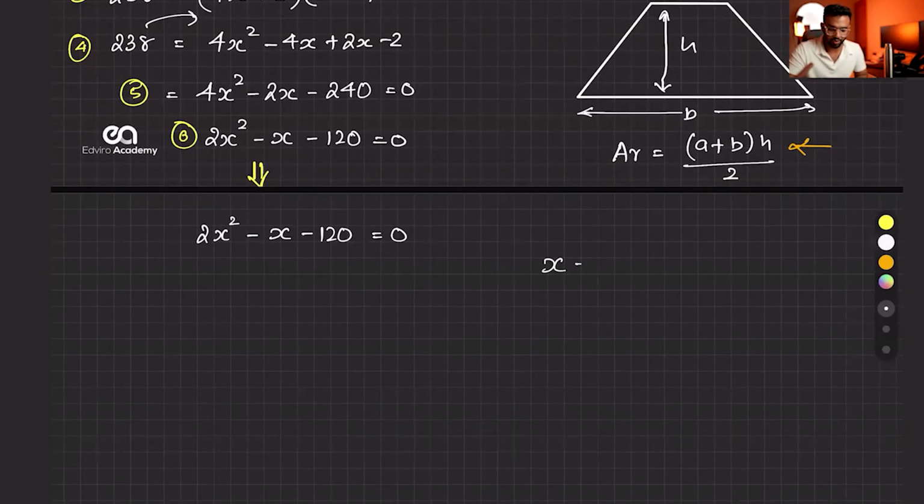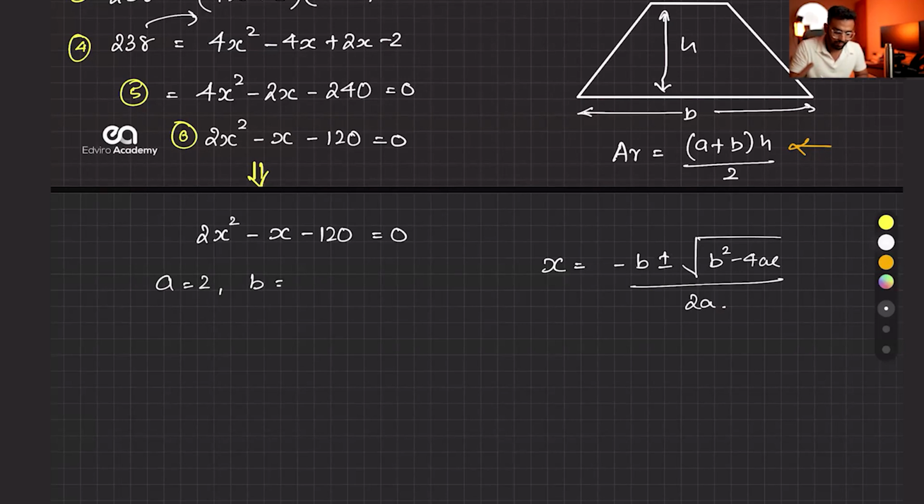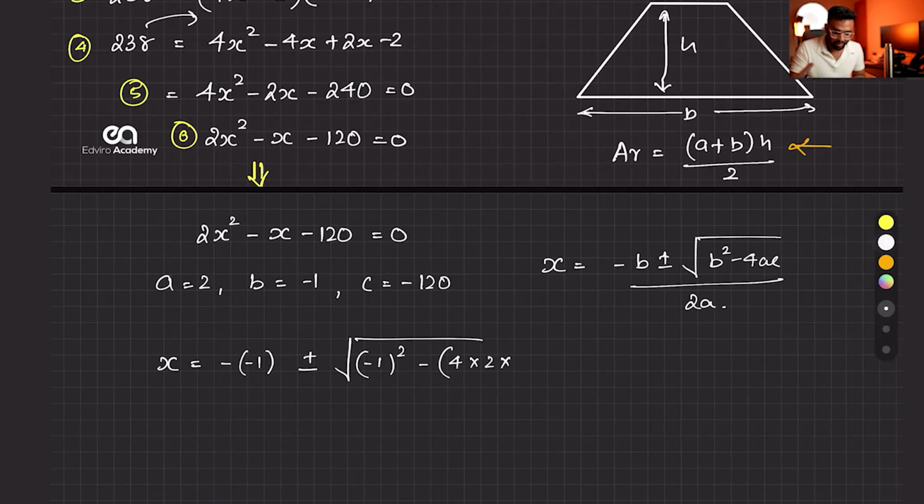So I can show you minus b plus or minus square root of b squared minus 4ac divided by 2a. A is 2, b is minus 1, and c is minus 120, isn't it? Okay, now if the question was like this, you can solve it. X is equal to minus 1 plus or minus square root of minus 1 the whole square minus 4 times 2 times minus 120 divided by 2 times 2.